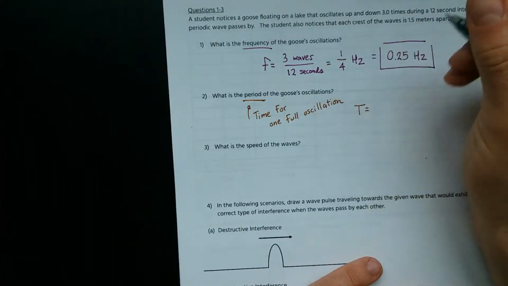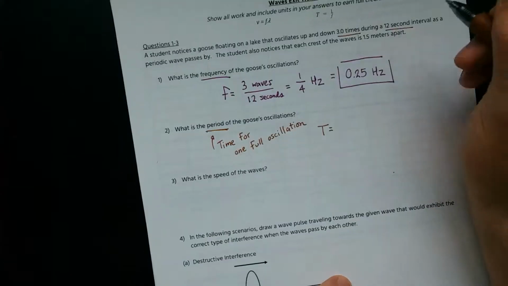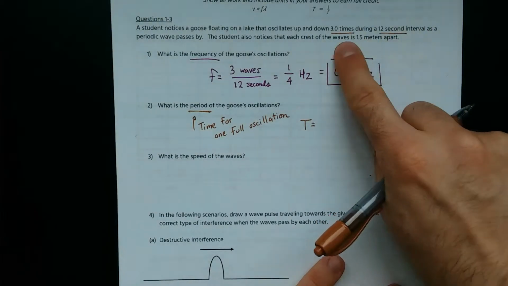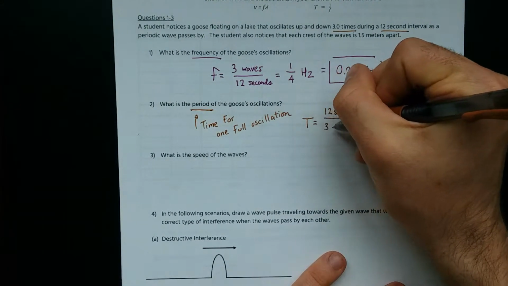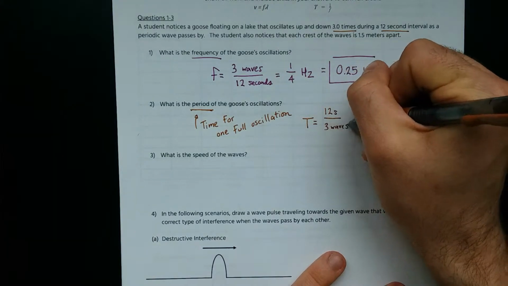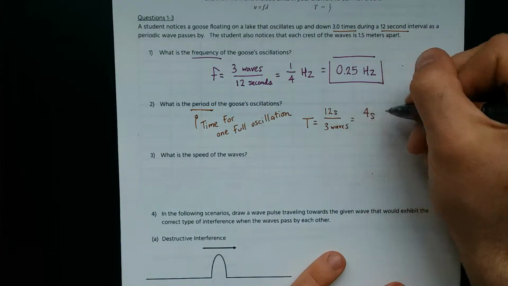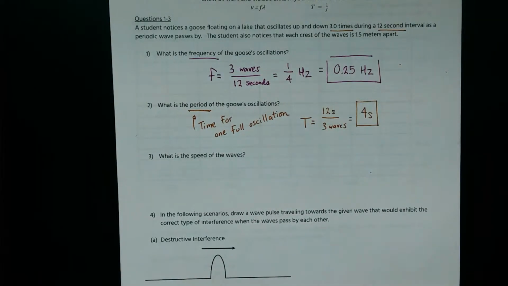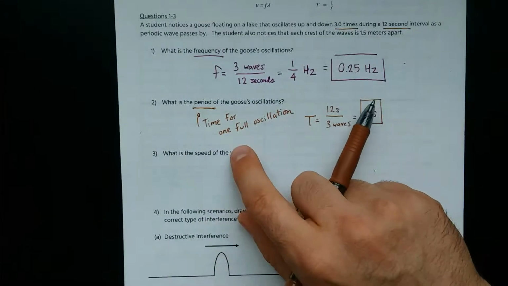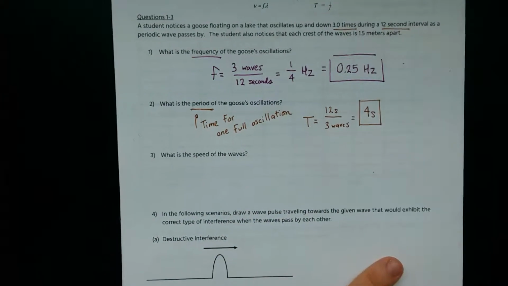And I can find it with the same data that I have in this problem. 12 seconds gives me 3 full waves. That turns into 4 seconds per wave, or a period of 4 seconds. That's what period means. It's the time for one full oscillation.